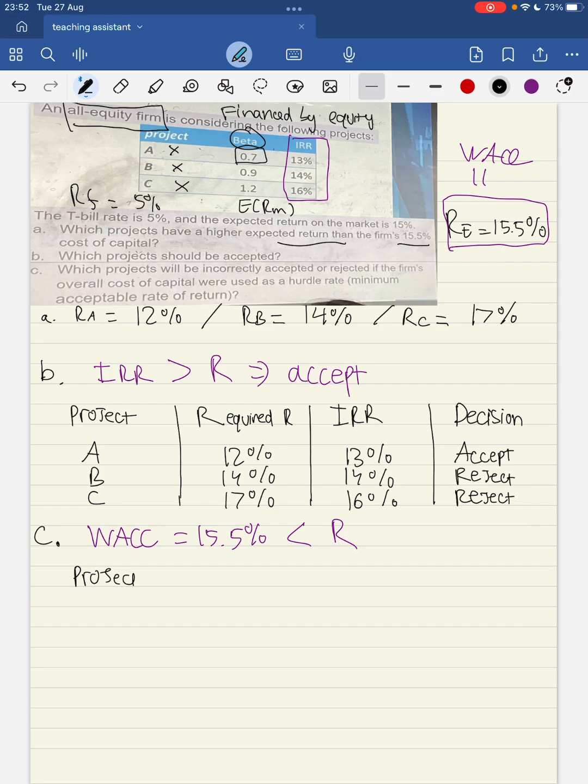Project A, B, and C. The next column is the WACC. It's 15.5% for all, because it is the threshold. I have just explained it. Next, we will have the required return. We also found it: 12%, 14%, and 17%.